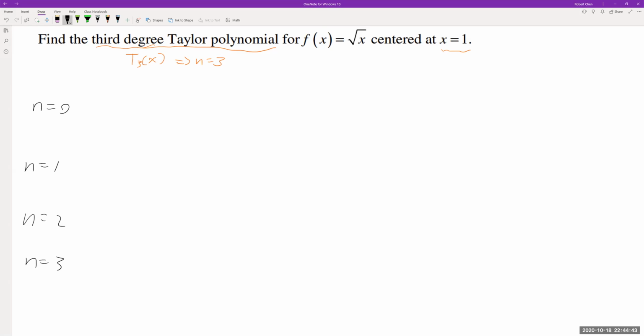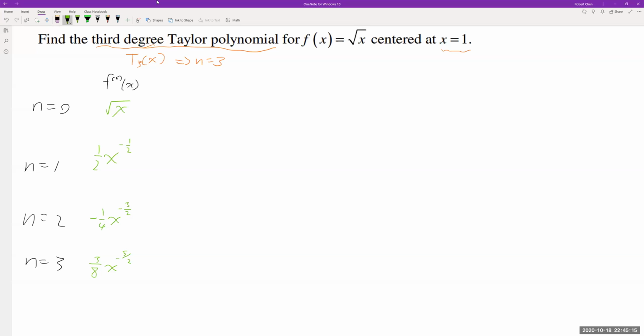And then we need to come up with all sorts of terms. The first one is, of course, f nth prime of x. So original square root of x, and the next one will be 1/2 x to the power of negative 1/2, and then again negative 1/4 x to the power of negative 3/2, and then again positive 3/8 x to the power of negative 5/2.